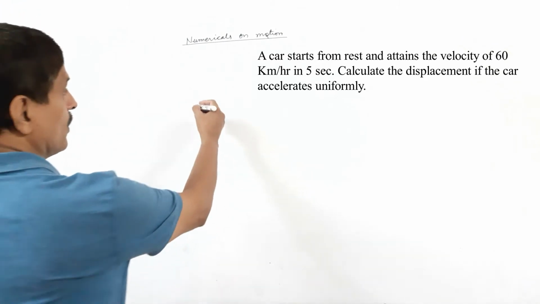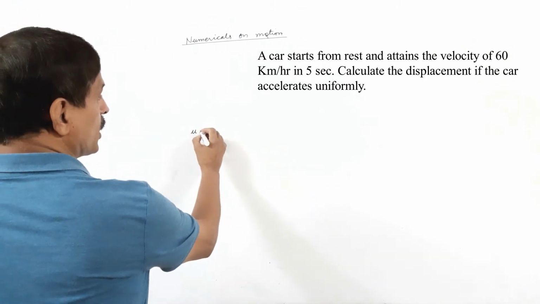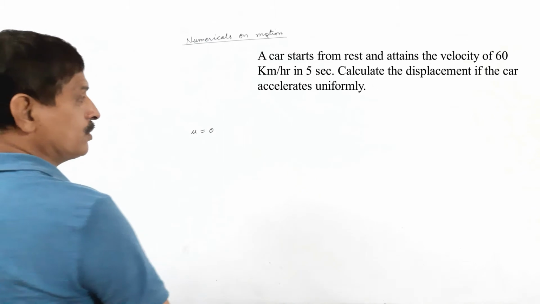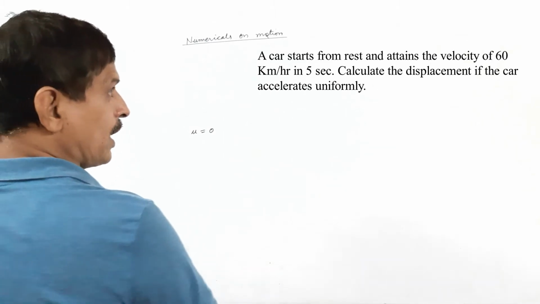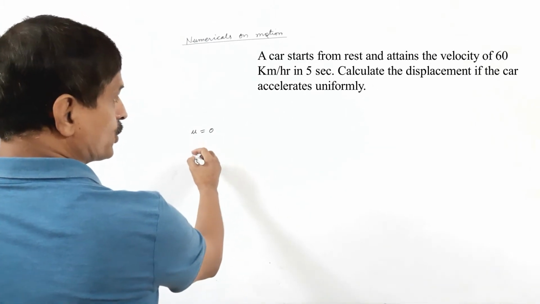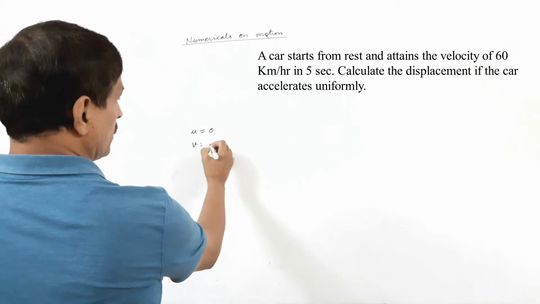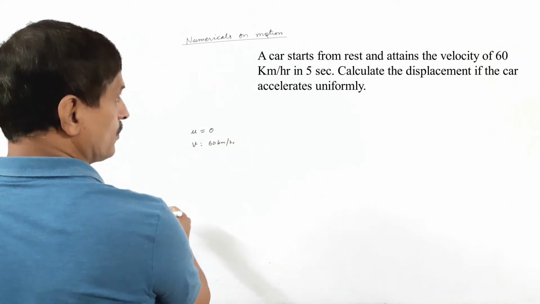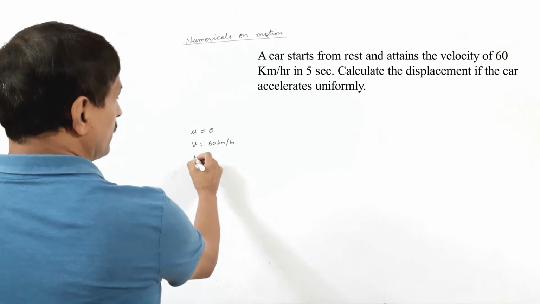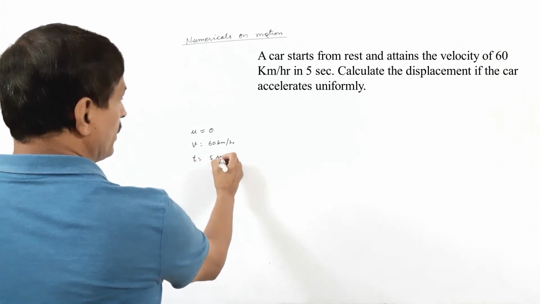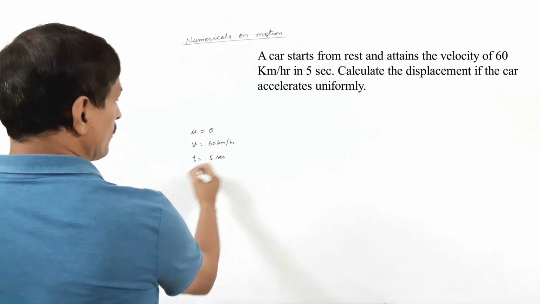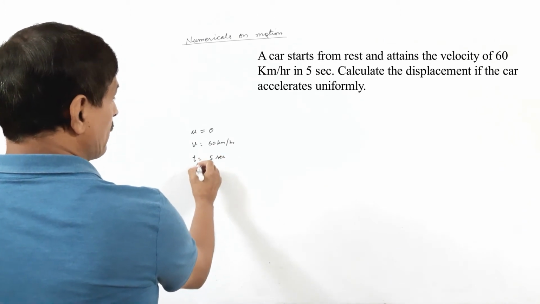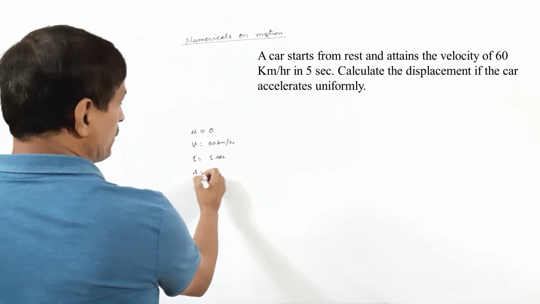So here we know it starts from rest, so u is equal to 0. It attains velocity of 60 km per hour in time 5 seconds, and we have to calculate the displacement.